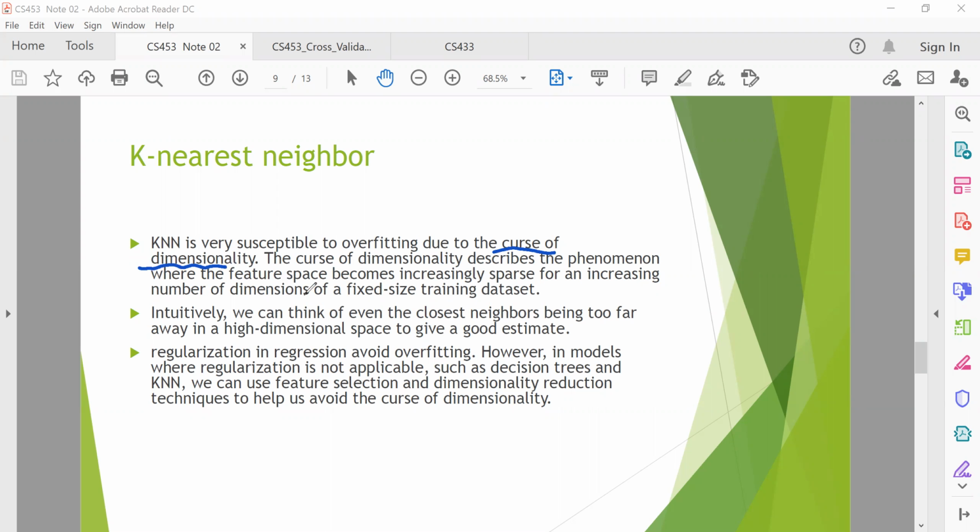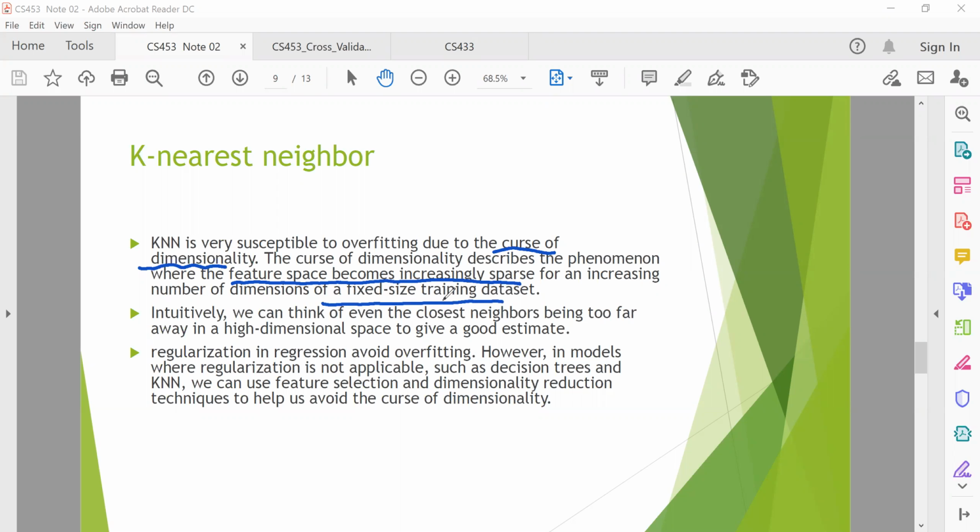It describes phenomena where the feature space becomes increasingly sparse for an increasing number of dimensions of a fixed training data set.